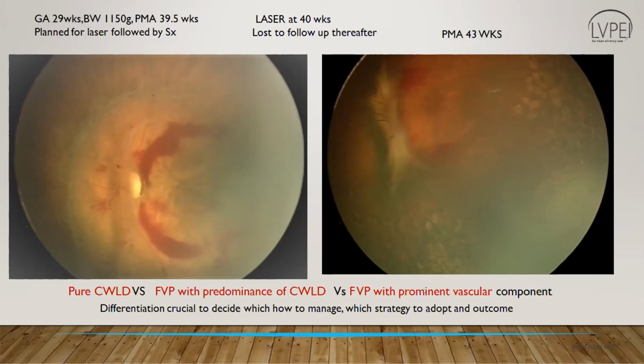The last one sometimes can be scary, and the retina can close together and cause a crunch phenomenon. One should remain prepared for surgery if one has to inject. And for the middle one, where you have predominance of candle wax deposits, one should take a middle approach.